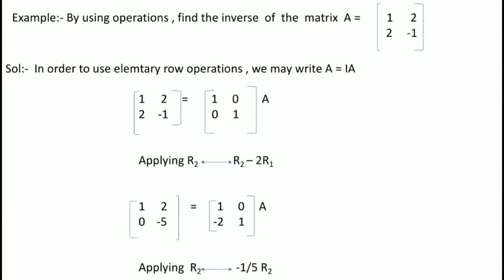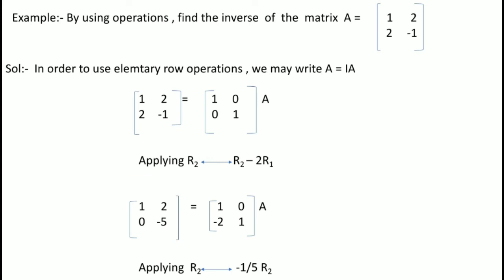If we observe the left hand side, we can see that 1 is already at its position. Below 1 we want 0, where 2 is present. So if we subtract 2 from this 2, we can get 0. For this we apply the operation R2 changes to R2 minus 2R1.